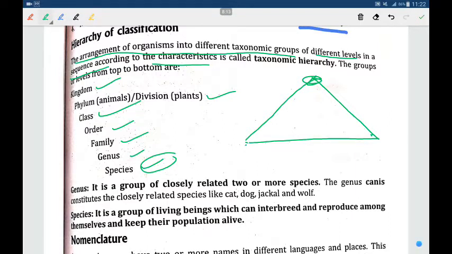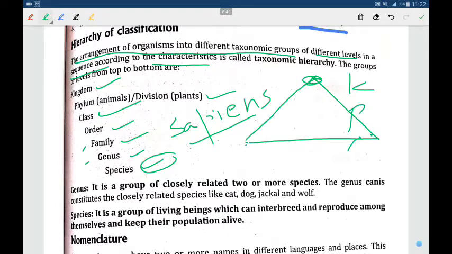Like our species is sapiens. There is no other organism whose species is sapiens. Genus may be the same, family may be the same, isn't it? So anyway, remember, at first kingdom, then phylum, then order, it goes just down like that.